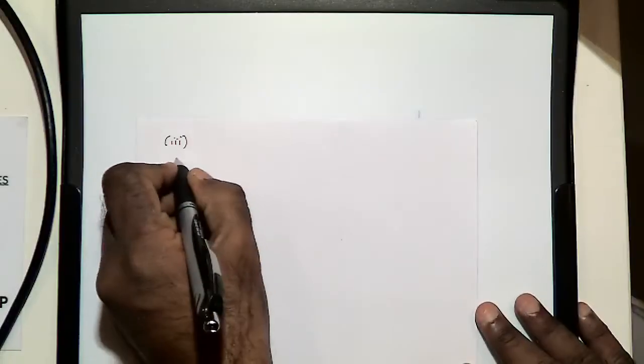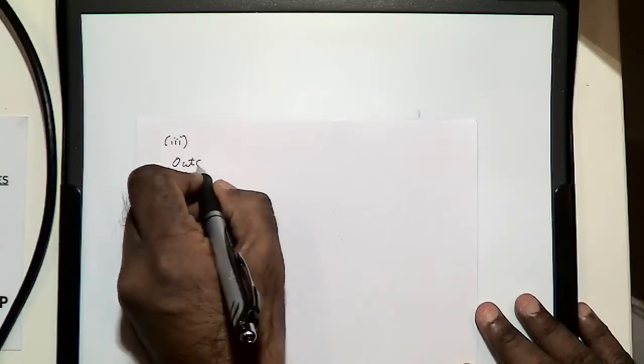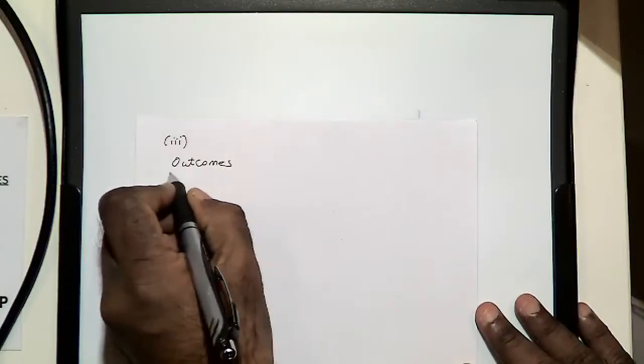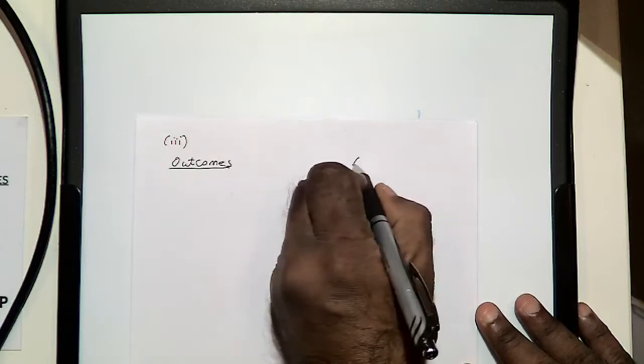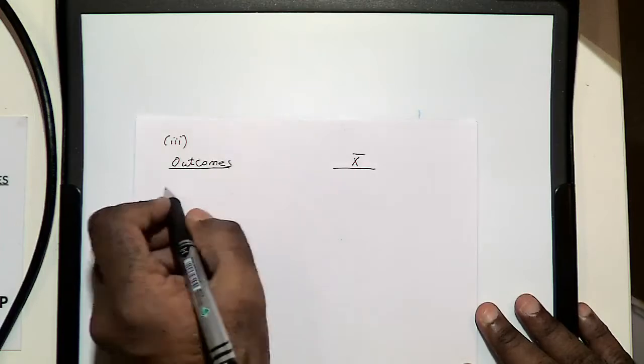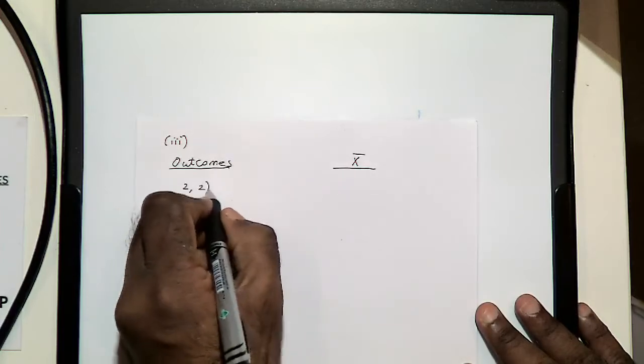First of all, you need to write down the outcomes and the possible value for x bar. The outcomes can be 2, 2.